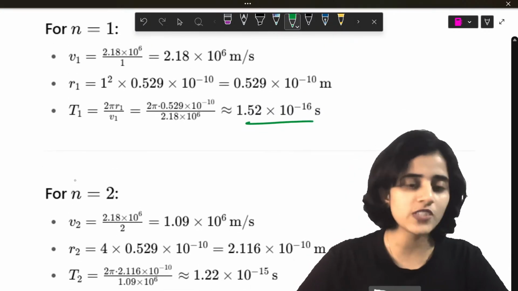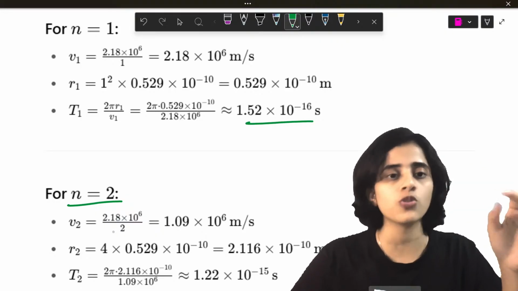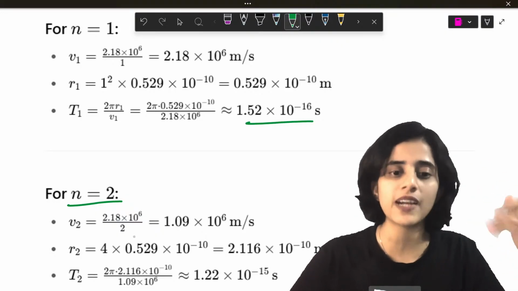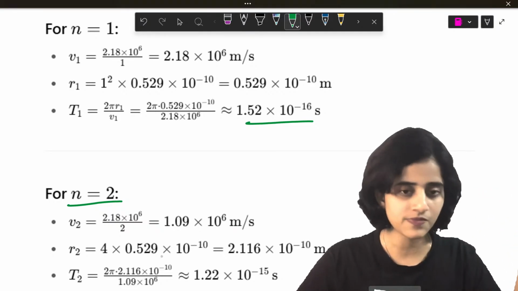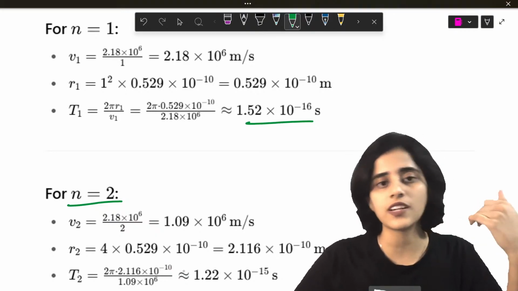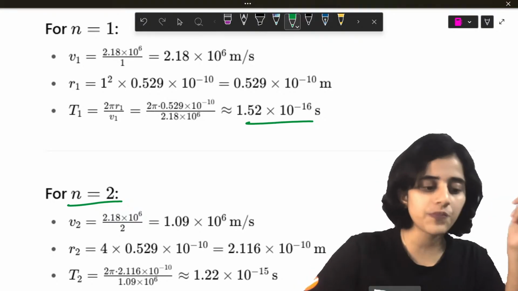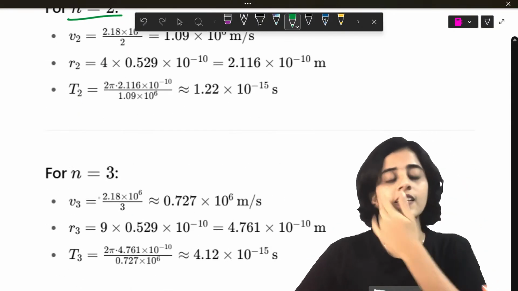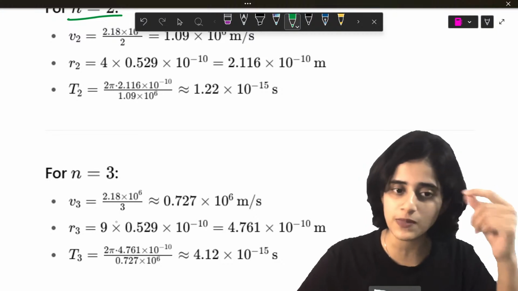Okay. So students, for n is equal to 2, what do you do? Instead of 1, you put 2. 2.18 into 10 raised to 6 by 2, which is 1.09 into 10 raised to 6. R2 is 4 into 0.529 into 10 raised to minus 10, 4 because it's 2 square. Now same thing for n is equal to 3. V3 will be 2.18 into 10 raised to 6 by 3.